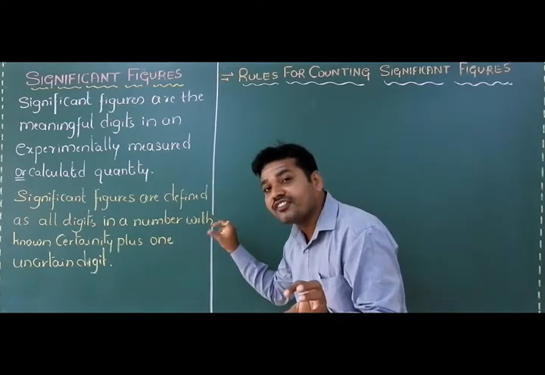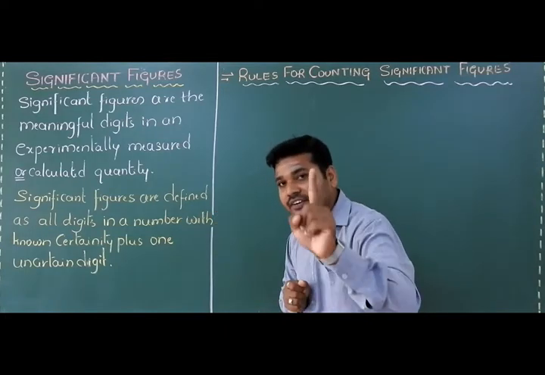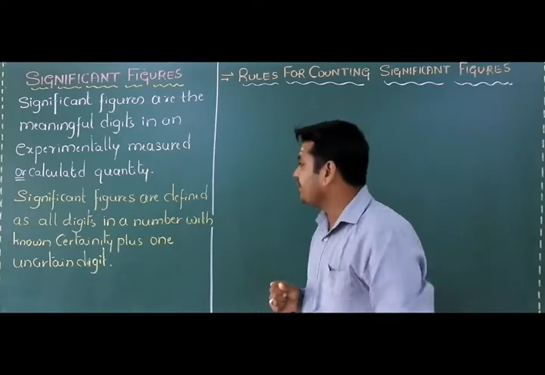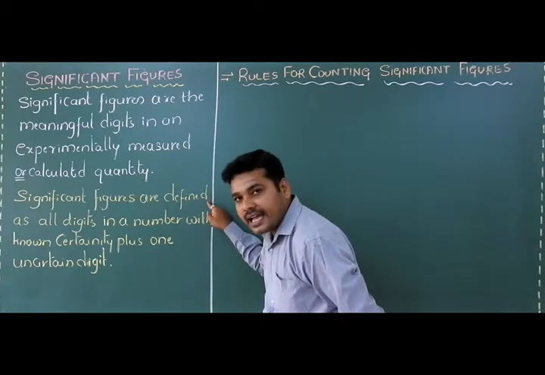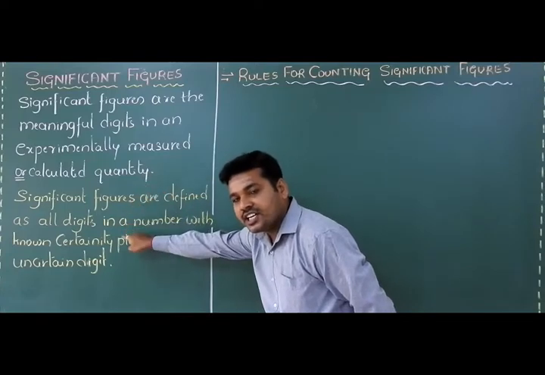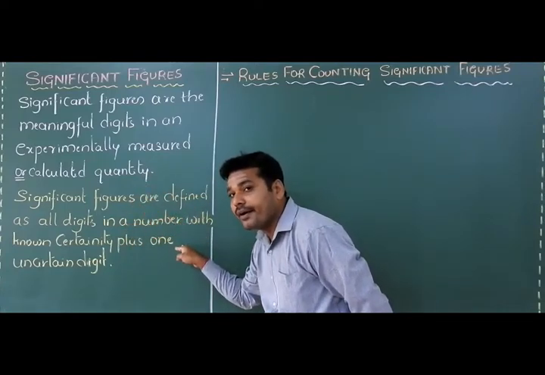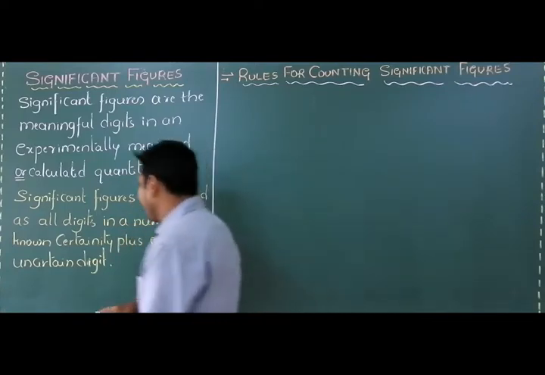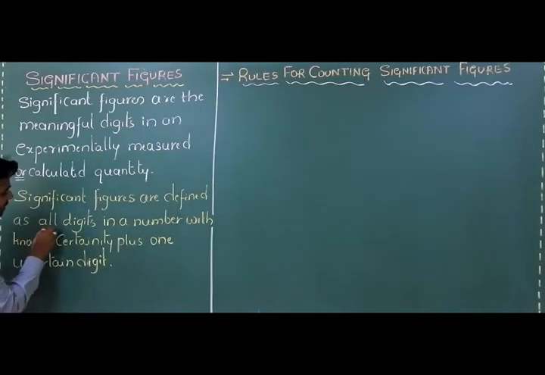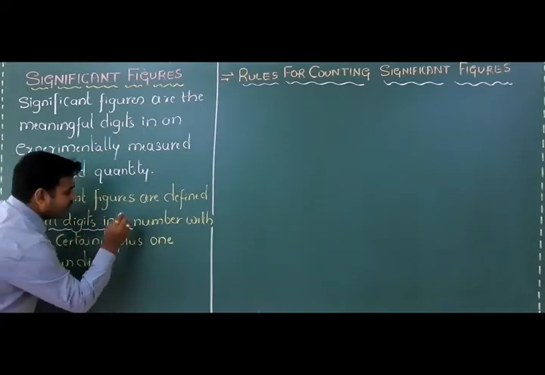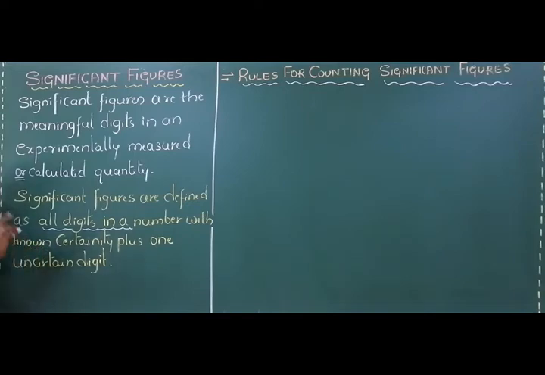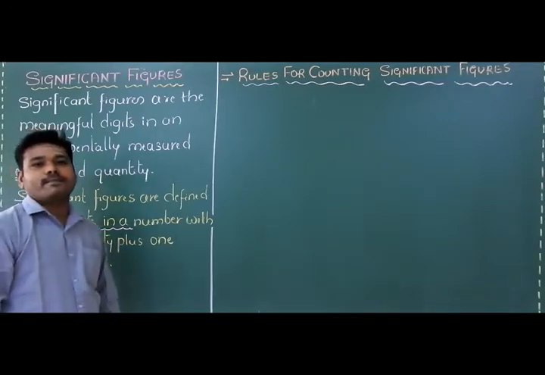I repeat: significant figures are defined as all digits in a given number, listen carefully, with known certainty plus one uncertain digit. That itself we call the significant figure part.